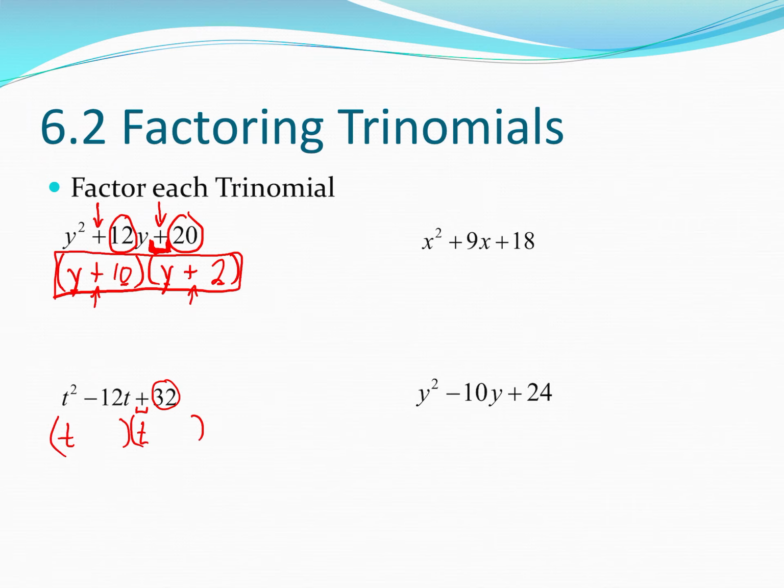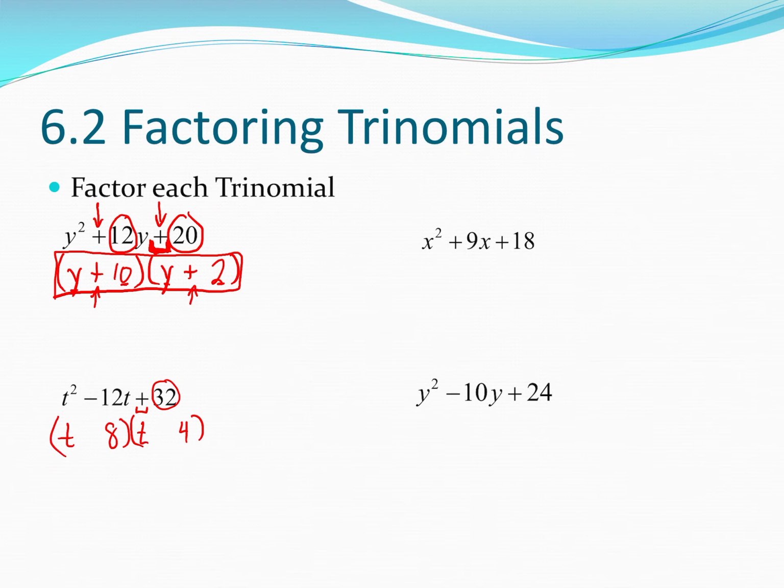So what multiplies to give 32 and adds to give 12? Well, again, if you think about all the things that multiply to give 32, there's 1 and 32, and 2 and 16, and 3 and... I'm sorry, 4 and 8. I'm off today. 4 and 8 is going to work, right? So 8 and 4 are the 2 numbers.